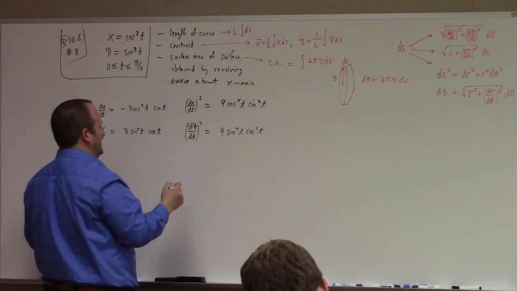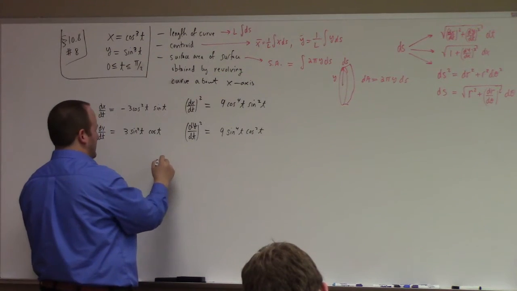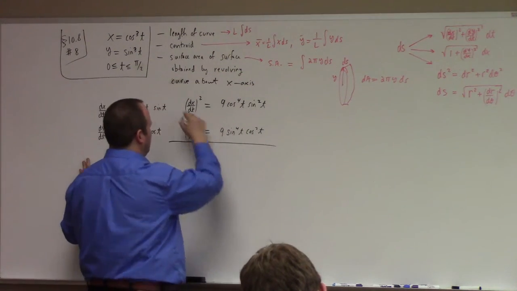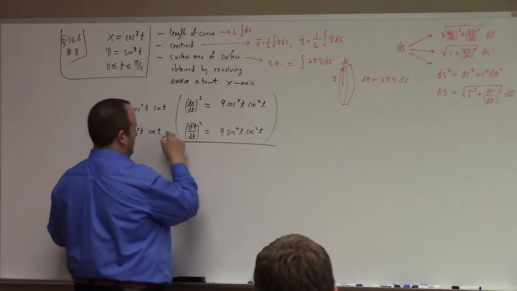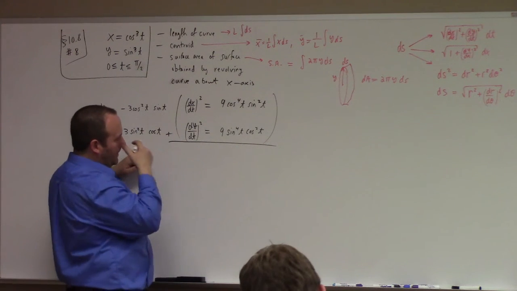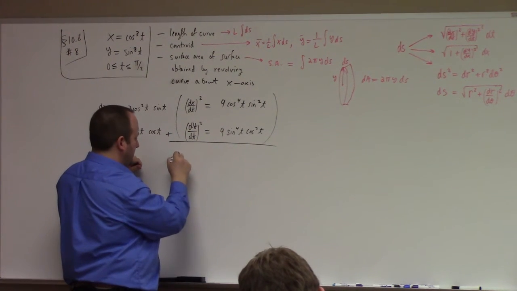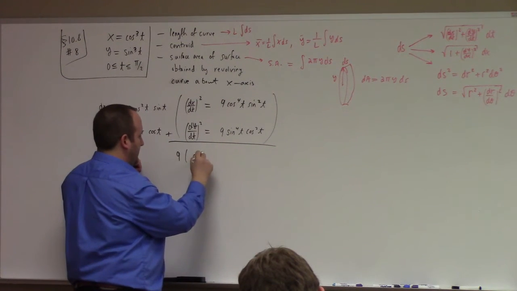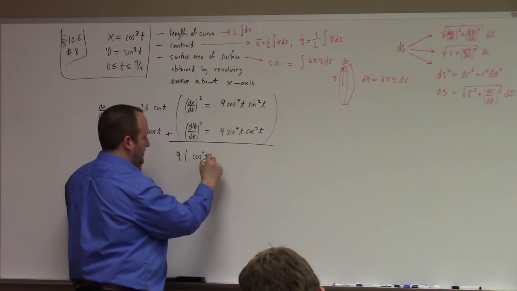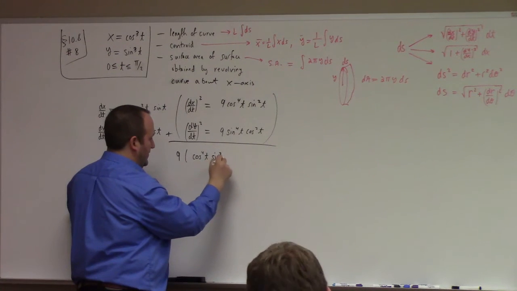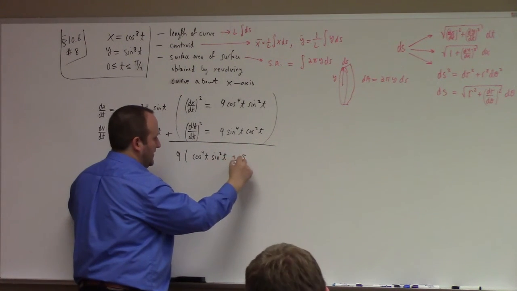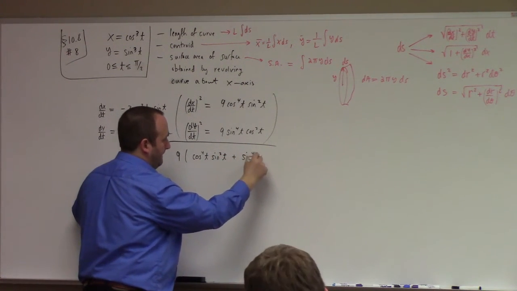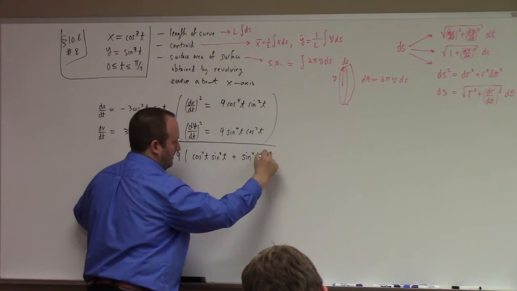And then I'm adding these. What do we get? Nine times cosine to the 4th t sine squared t plus sine to the 4th t cosine squared t.